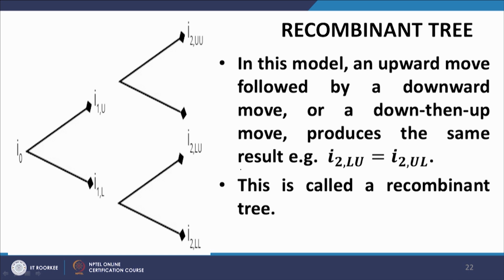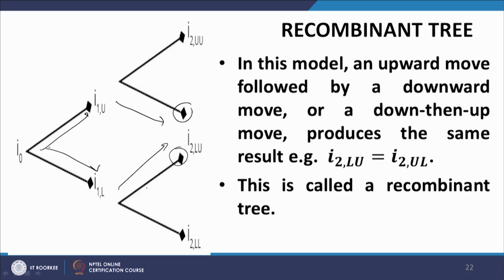In this model, an upward move, the definition is very simple. An upward move followed by a downward move, that is, we arrive at this node, and then a downward move, and then this is followed by an upward move, that is this node.